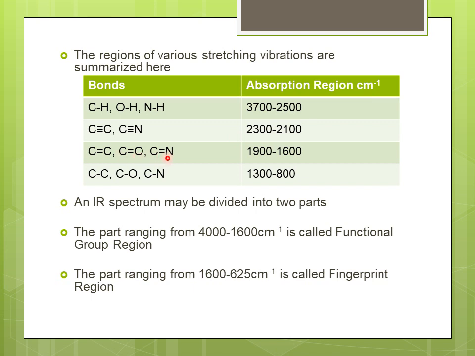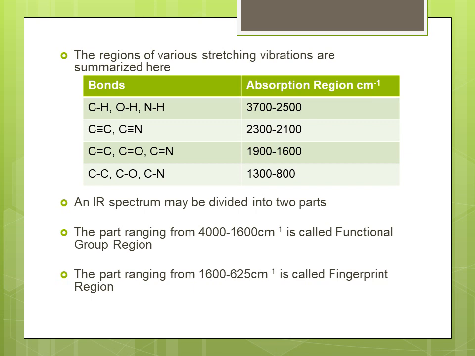Then the double bonds like CC double bond, CO double bond, CN double bond generally appear around 1900 to 1600 per centimeter. And the absorption due to CC single bond, CO and CN single bond generally appears around 1300 to 800 per centimeter.